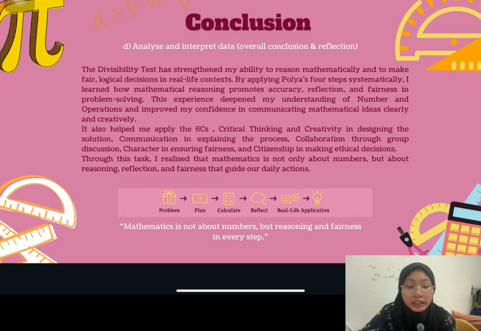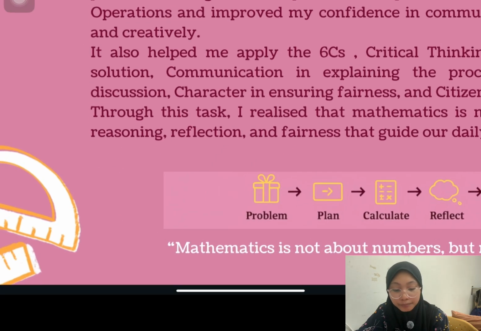So here I have the picture. I know the problem, then I plan, then I calculate, then I reflect, and then I apply it to real life. So, mathematics is not about numbers, but reasoning and fairness in every step.